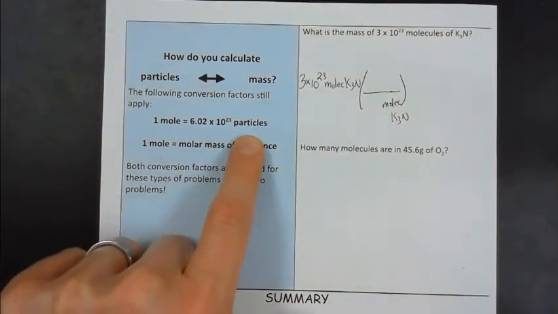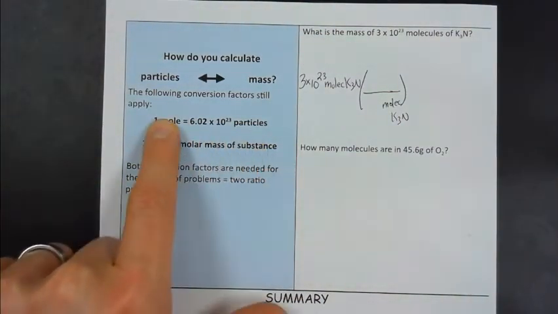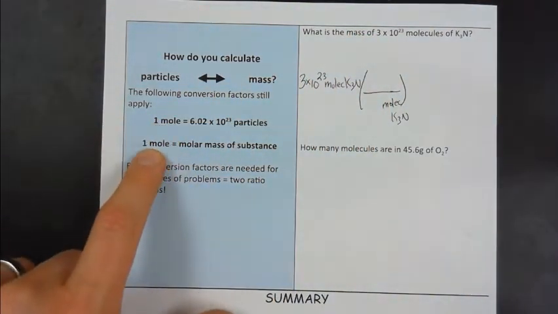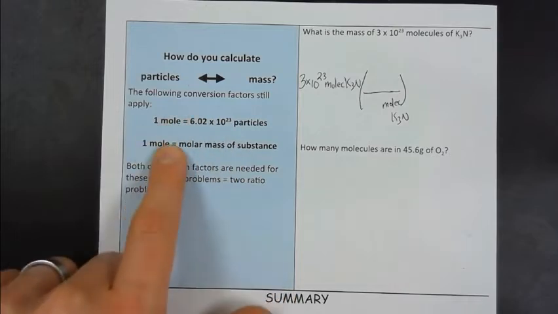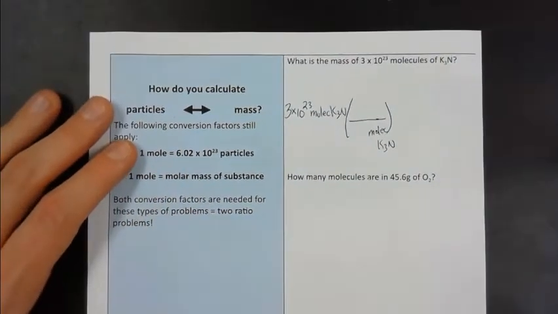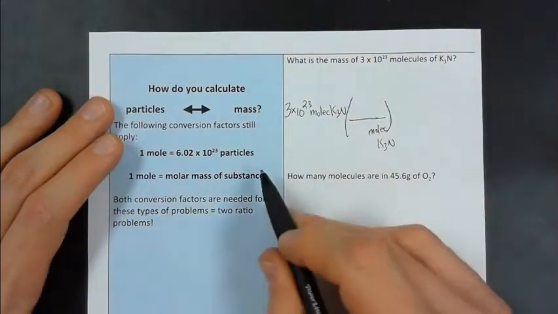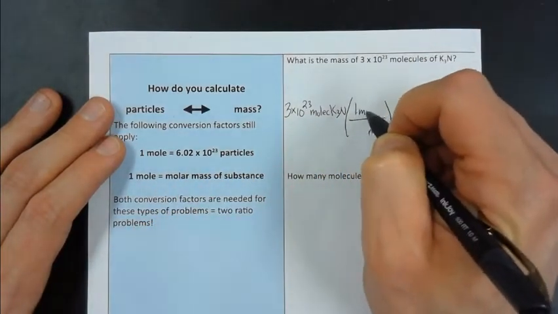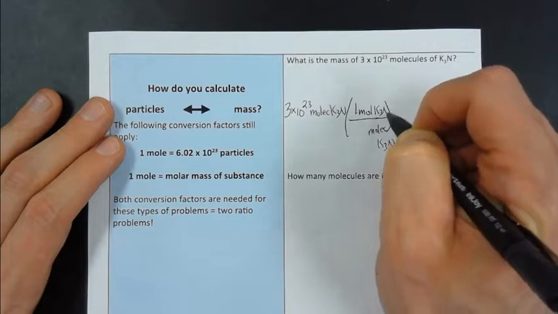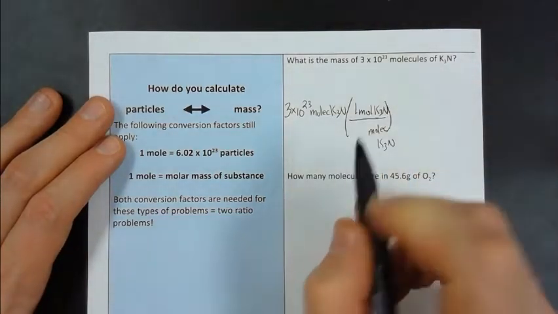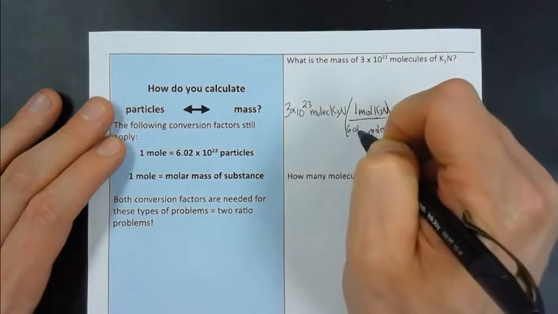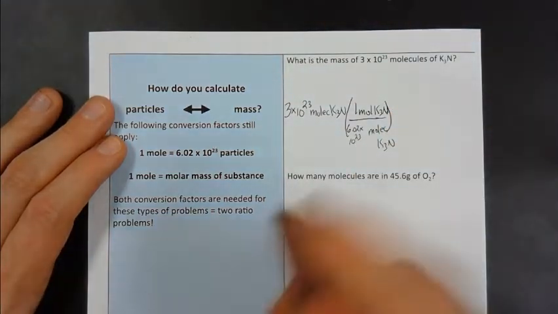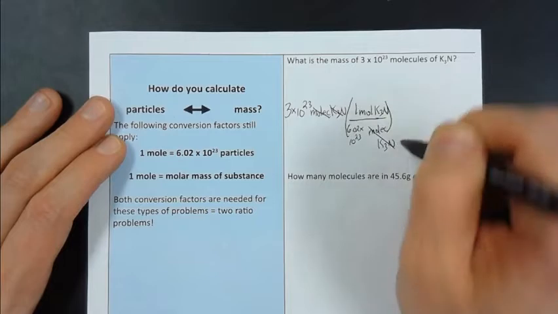Okay, so we can only convert molecules to moles, and then if we want to get to grams, we need to know how many moles there are so that we can go from moles to mass. So that's why this requires two steps, because we got to use both equations. So in the first line of work, molecules here or particles can only go to moles. So we got to put 1 mole K3N in the numerator, and Avogadro's number I'm going to try and fit down here in the denominator. Okay, so now molecules K3N will cancel.